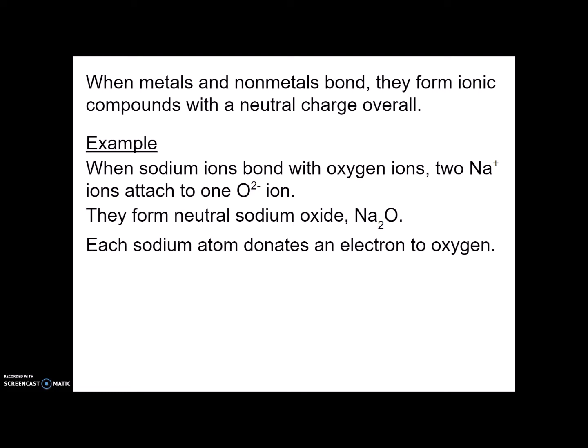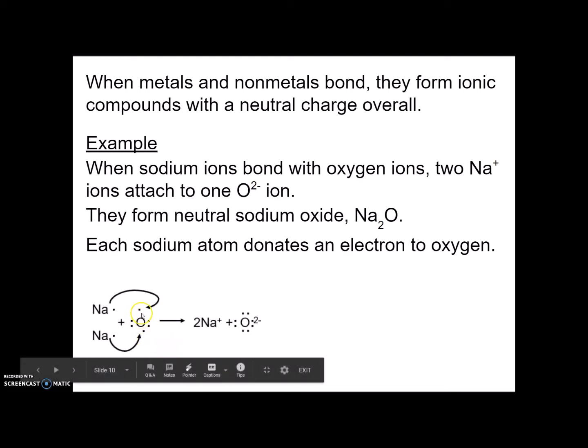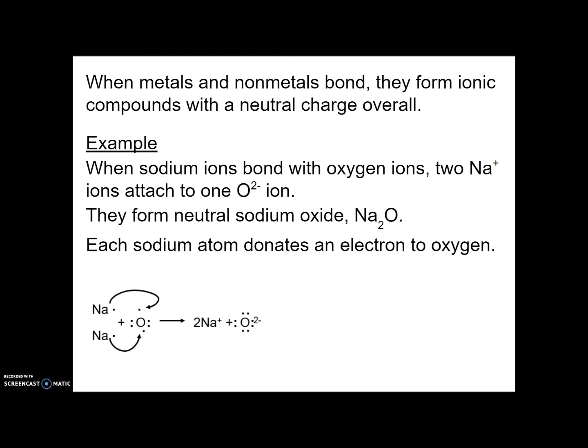Now, let's see what that means in terms of dot diagrams. Sodium, if you recall, has one valence electron, and oxygen has 6 when neutral. So here's neutral sodium, here's the other neutral sodium atom, and here's neutral oxygen. The two sodium atoms are each going to give, not just share, but actually give up their one electron to the oxygen atom.